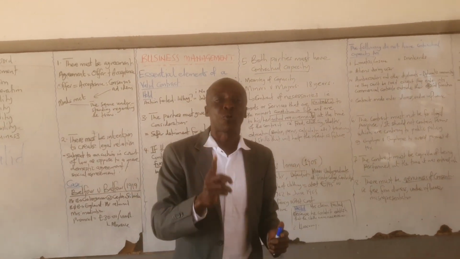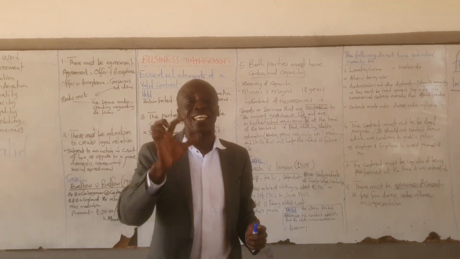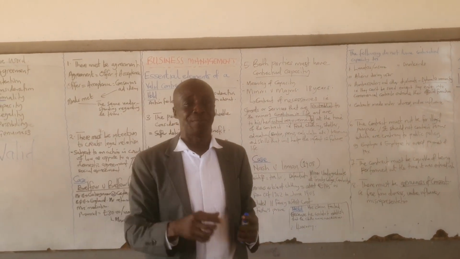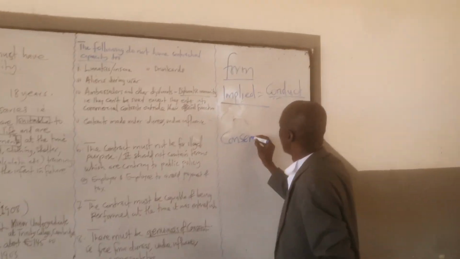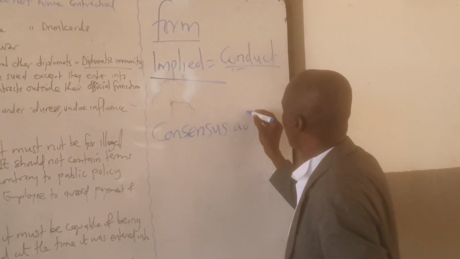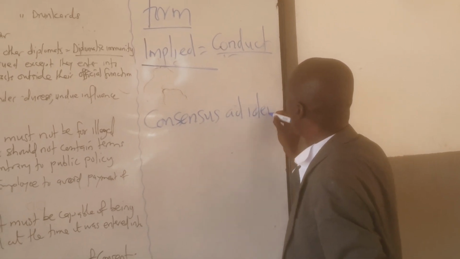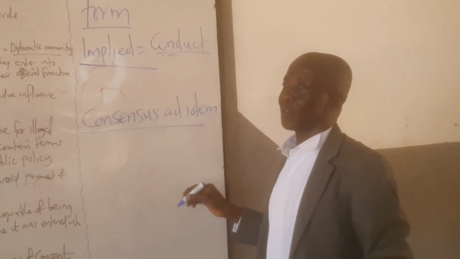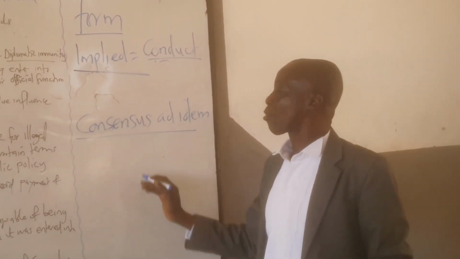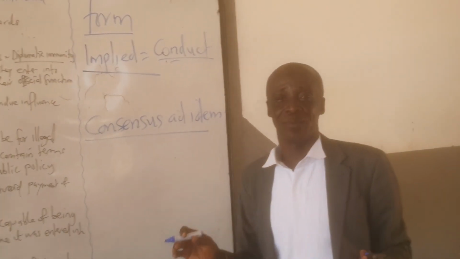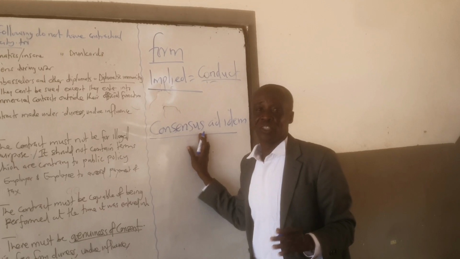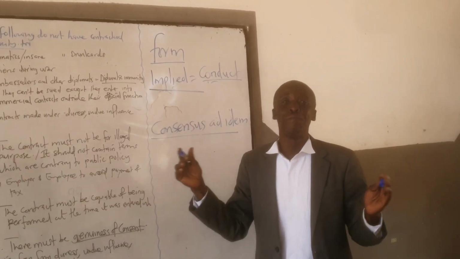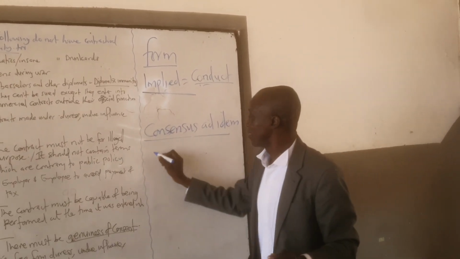There should be what we call in Latin consensus ad idem. Have you captured it? Consensus ad idem in Latin, and if you translate this into English, it means meeting of minds.